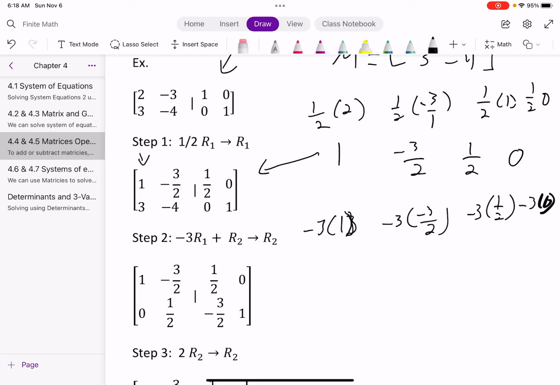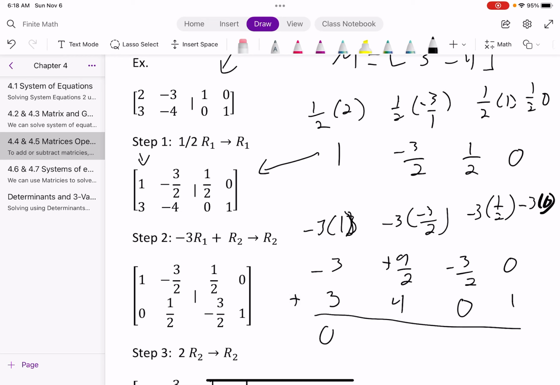Negative 3 times 1 is negative 3. This becomes positive 9 halves, negative 3 halves, and 0. And then I add it to my old row 2, so 3, 4, 0, and 1. Add those together, and I get 0, 1/2, negative 3 halves, and 1, and that becomes my new second row.